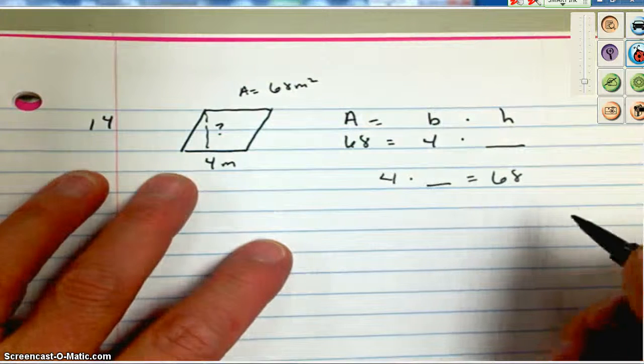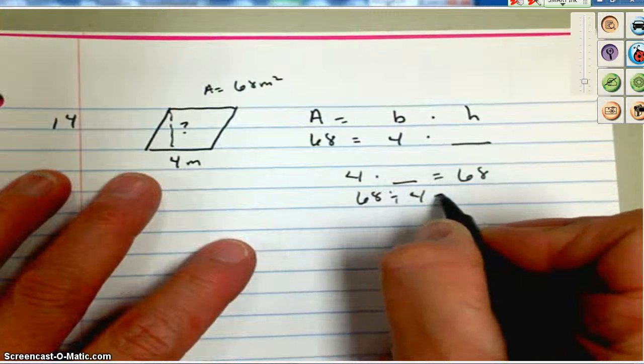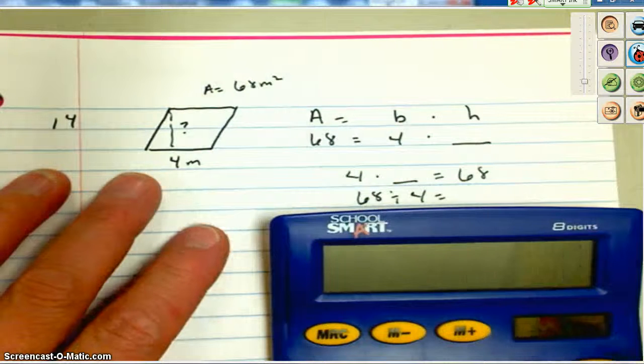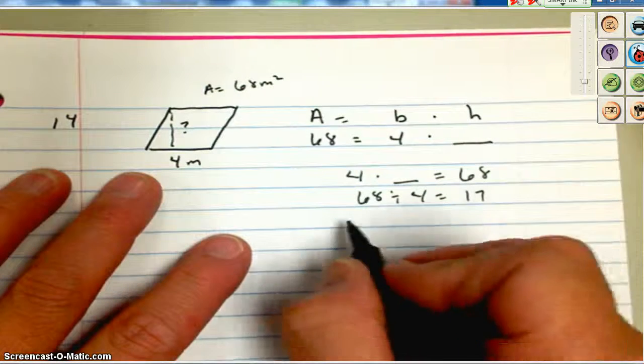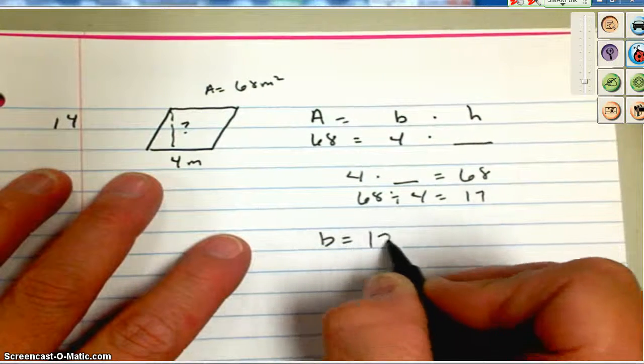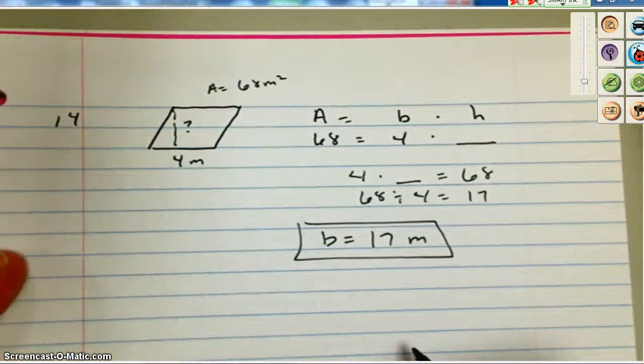Another way we can figure that out is by calculating 68 divided by 4. We do that in our calculator, and we get 17. So our height is equal to 17 meters.